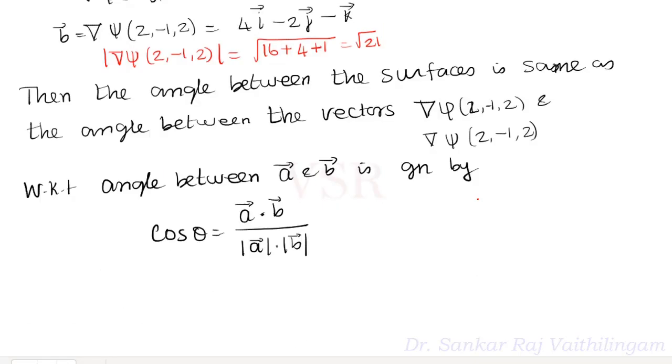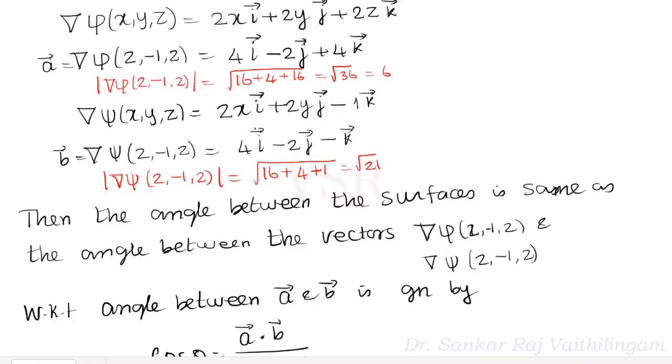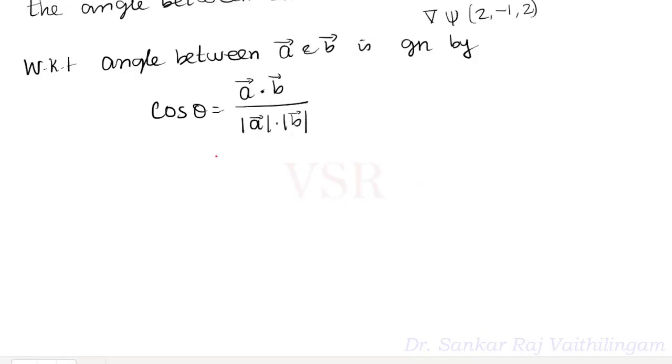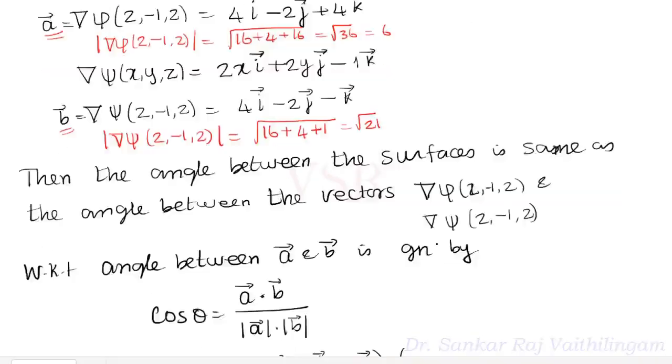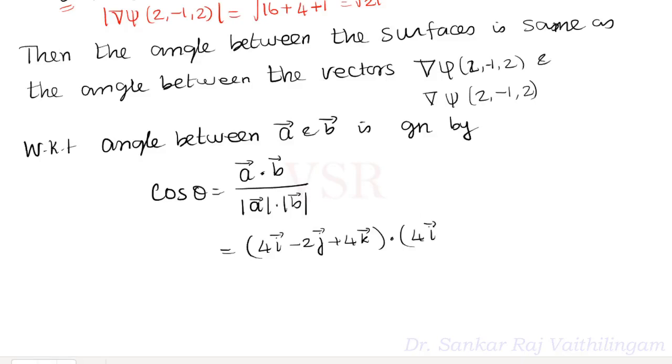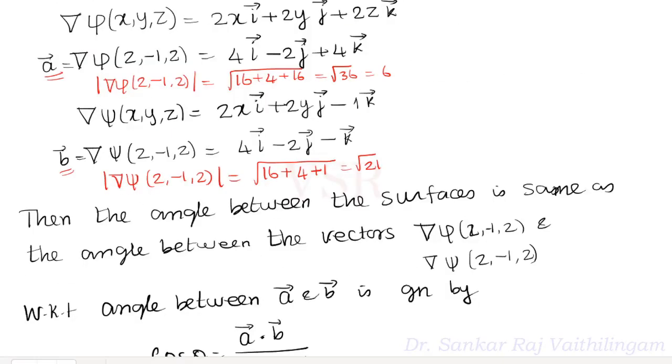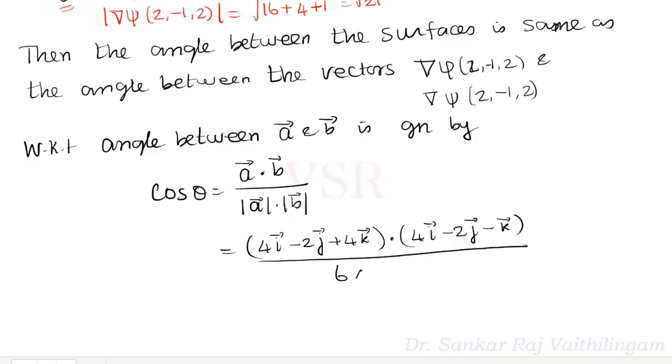Now we take the dot product. This vector is a vector and this is b vector, and I take the dot product of the two. The first vector is 4i vector minus 2j vector plus 4k vector, dot product with the next one, 4i vector minus 2j vector minus k vector, divided by 6 into root 21.